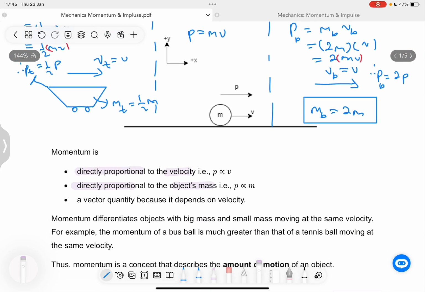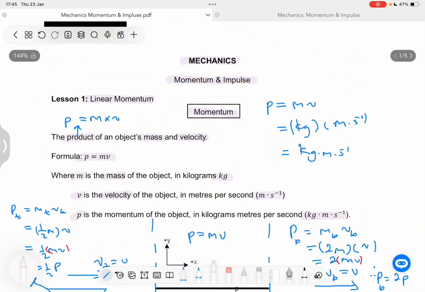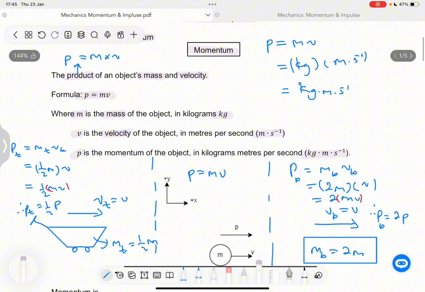The other property of momentum that you have to notice is that it is a vector quantity. This is because it depends on the velocity, a vector quantity. Remember that the v in the formula stands for velocity. So if you multiply m, which is a scalar quantity, and v, which is a vector quantity, you're going to get a vector quantity.